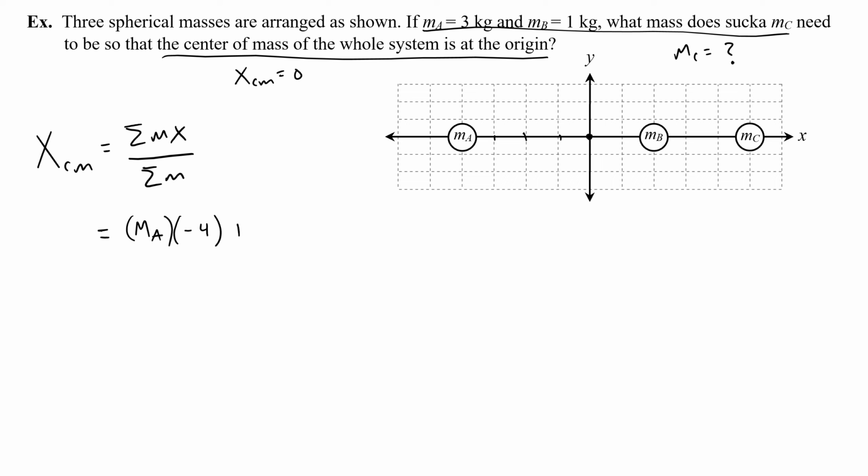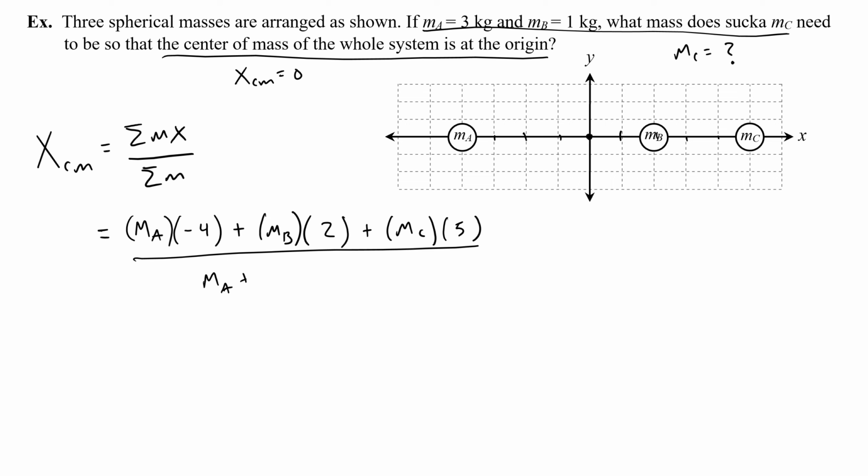Then I'm going to add the next mass, which is mass B, and its location is at 1, positive 2. Then, of course, I've got mass C, or M_C, and I want to figure out what that is. That's why I'm going to write it as M_C, and there's a location of 1, 2, 3, 4, positive 5. All of that is going to get divided by the total mass, M_A plus M_B plus M_C.